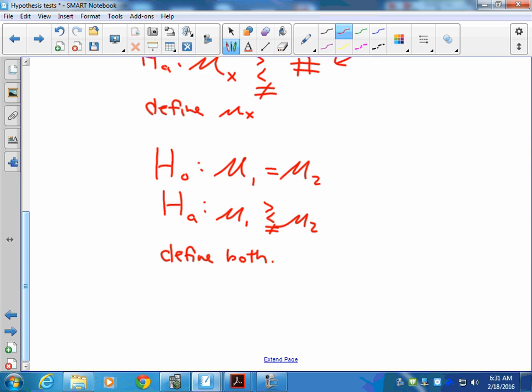Or you can work with what's called a mean difference. So your null would actually be mu d, and we always assume that there's no difference because they're equal to each other. And then your alternative would be the mean difference is greater than, less than, or not equal to 0 based on the context of the problem.